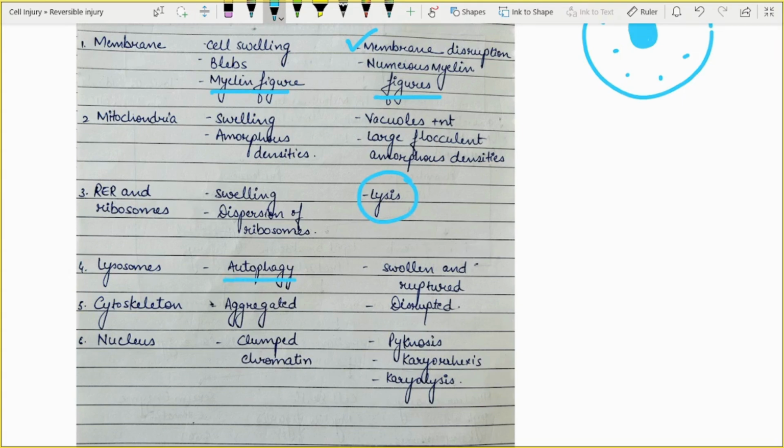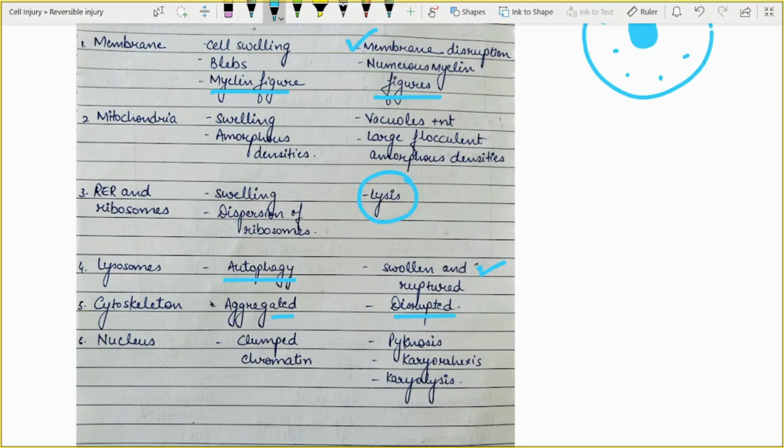Lysosomes will undergo autophagy in reversible cell injury, and these will be swollen and ruptured in irreversible cell injury. Cytoskeleton would be aggregated in reversible cell injury, and it would be disrupted in irreversible cell injury.